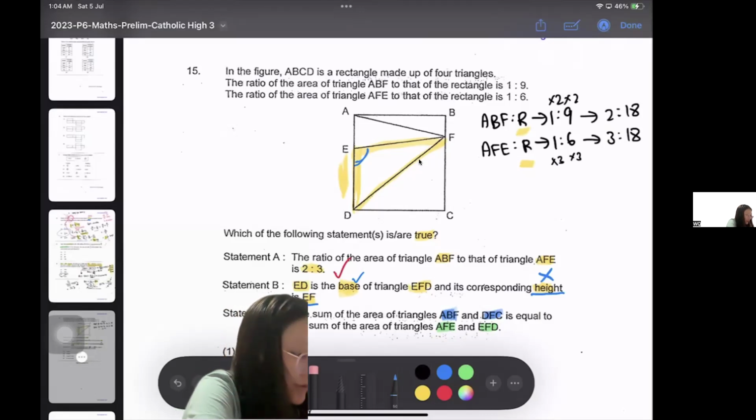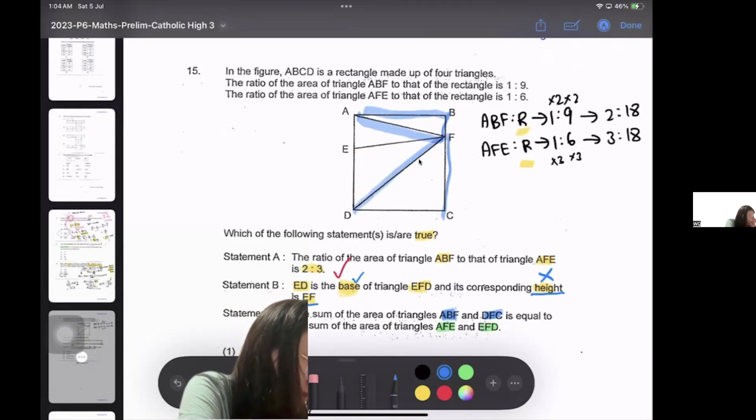Okay, so let me erase all the highlights here first and use this highlighter. Blue, ABF. And then DFC. Okay. And the next two is the AFE and EFD. AFE, yeah, and EFD.